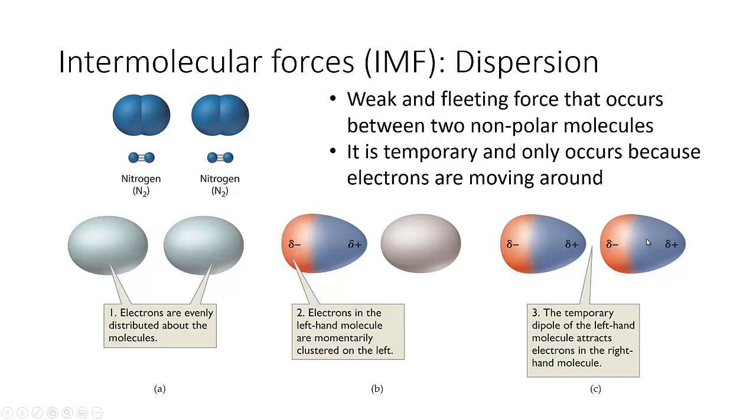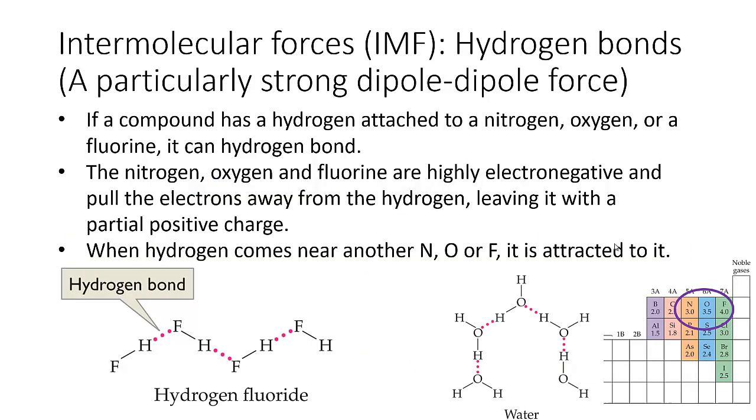It's almost like these electrons that were all nice and evenly distributed, if they see a positively charged species near them, they'll run over to say hello. And so dispersion forces are simply weak, extremely weak, and very fleeting forces that occur between two nonpolar molecules. So you first have to look at molecules and decide covalent or ionic. If they're covalent, you ask, does it have a dipole, or will only dispersion forces be dominating?